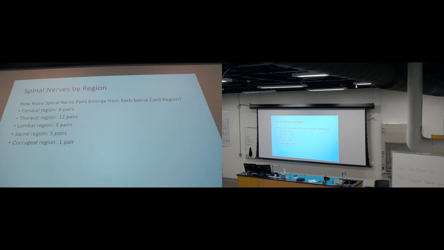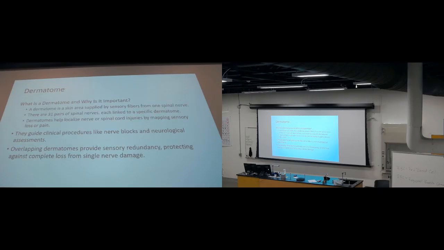How many cervical vertebrae do we have? 8 or 7? 7. So we have one more spinal nerve than vertebrae, and that spinal nerve exits between C1 and the occipital bone. So that's why we have an extra one. Each of these spinal nerves monitors a particular area of the body, and this is called a dermatome.